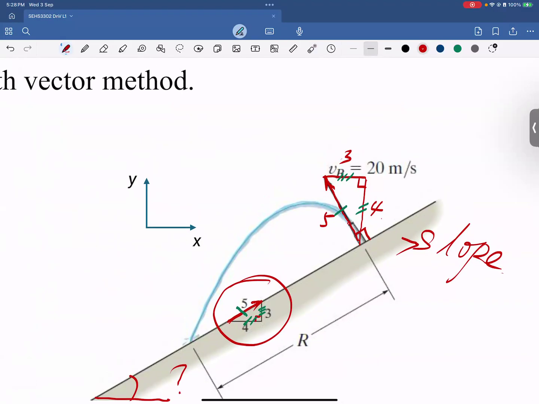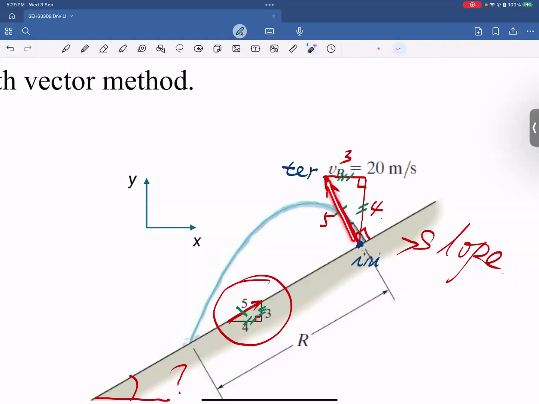So we start from here. It's the initial position, right? And finally, we got the terminal position here, right? So from the initial to the terminal, we have a vector here. We want to know this vector.